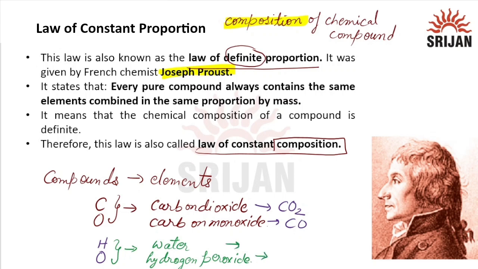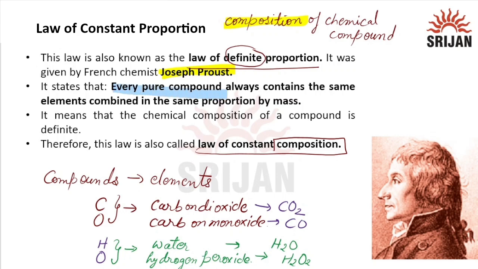It will depend on the ratio. If water is formed, it will have 2 hydrogen and 1 oxygen. Similarly, if hydrogen peroxide is formed, it will have 2 hydrogen and 2 oxygen. I hope the statement is now very clear to you.